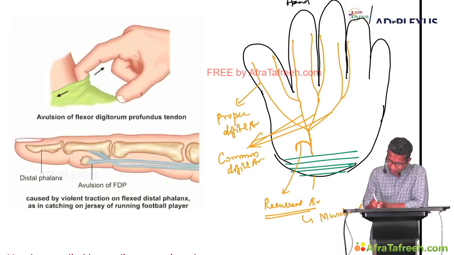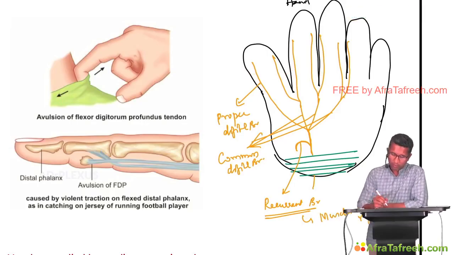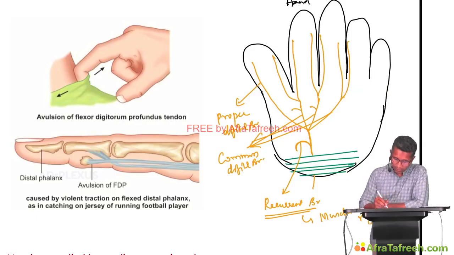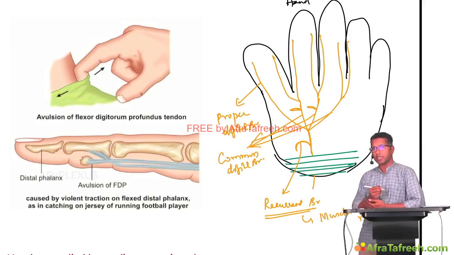thenar region. And the common palmar digital branches give rise to the motor branches of the first and second lumbricals, so the first and second lumbricals are supplied by the common palmar digital branches.